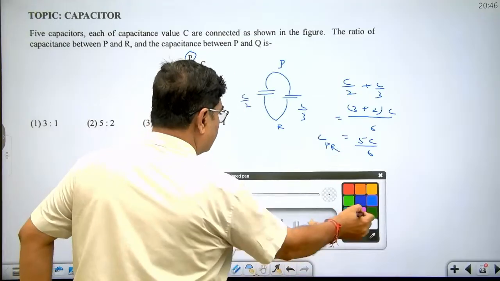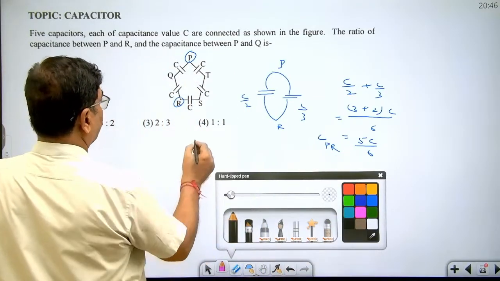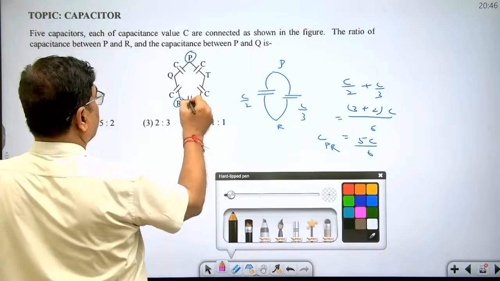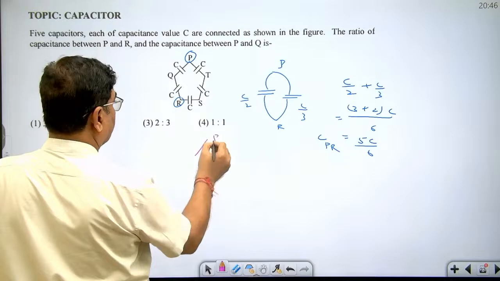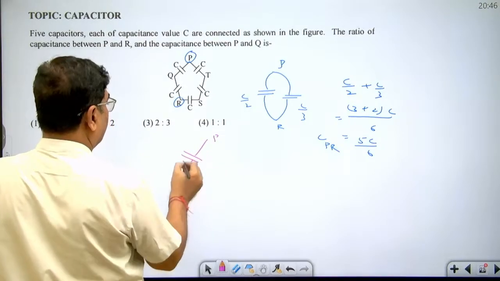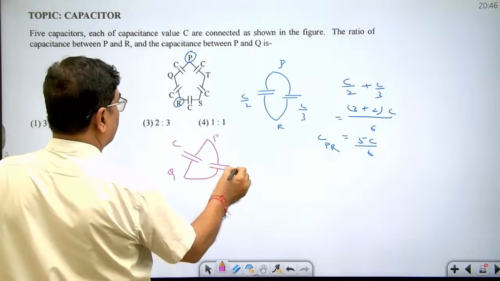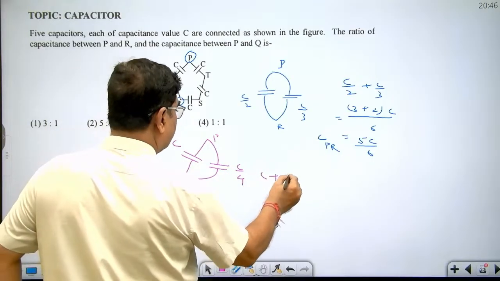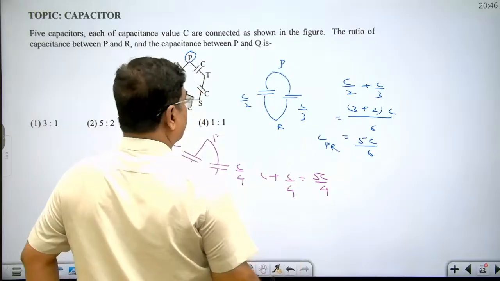Now, dear student, let's see between P and Q. This is C, and this is C by 4, connected in series. This is P, this is Q. So the answer is C plus C by 4, which is 5C by 4. Okay.